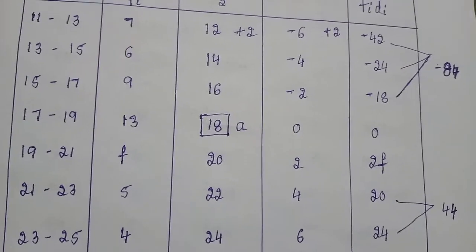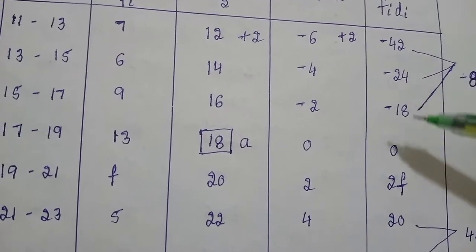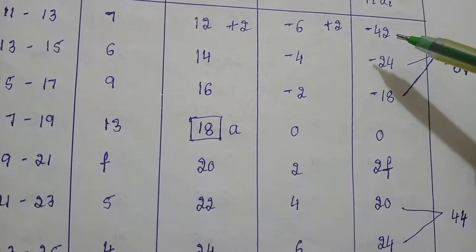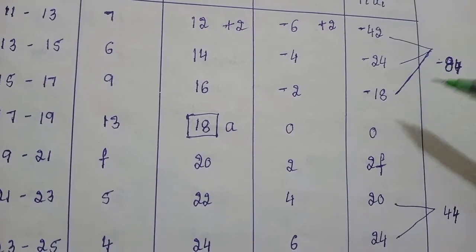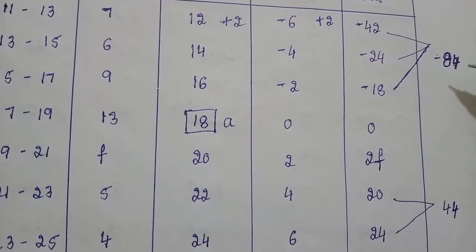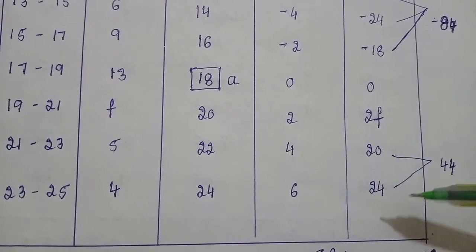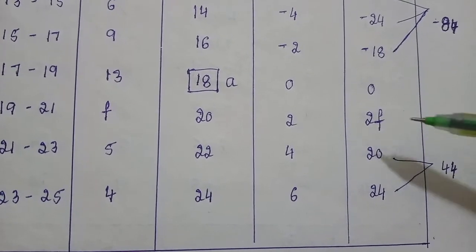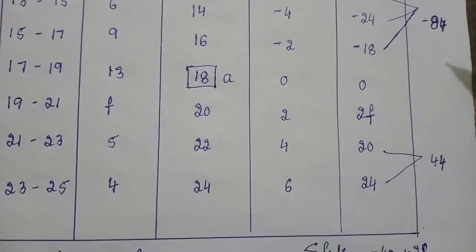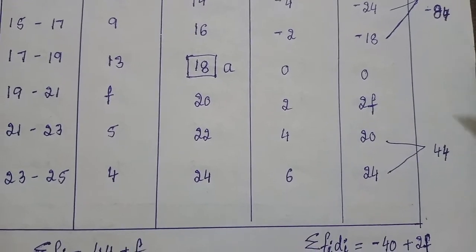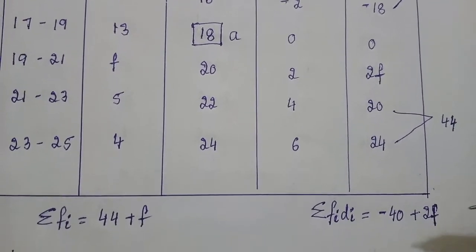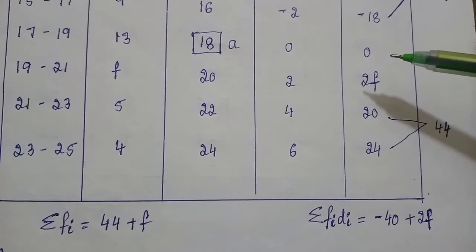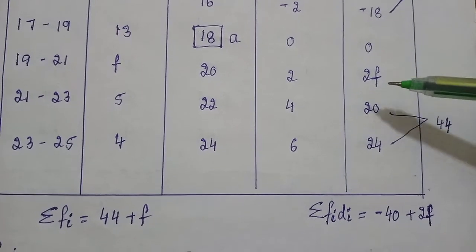Now let us add this fi di column. Minus 42, minus 24, minus 18 together is minus 84. 20 plus 24 is 44. So 44 and 2f I cannot add because you have a variable here. Now subtract minus 84 with 44, we get minus 40, and what is remaining here? Plus 2f.